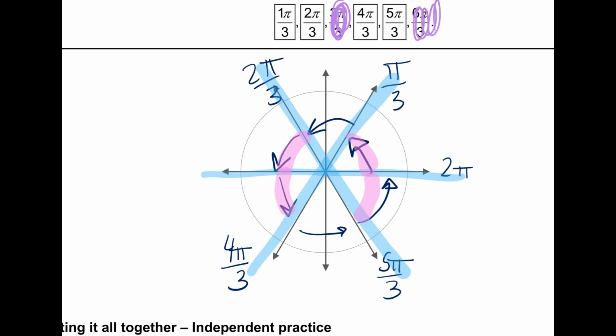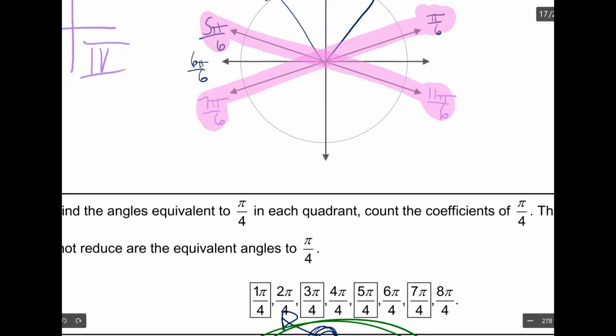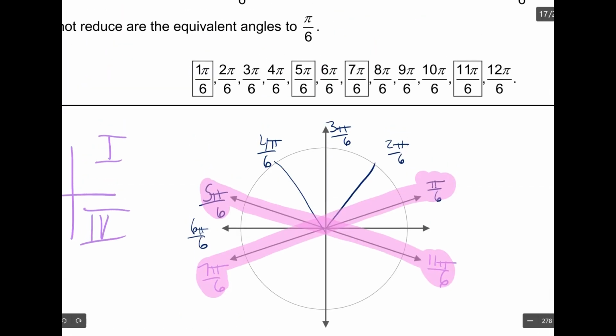And then I went to my other ones. Similarly, when I was going through 30 degrees, this was 30 degrees, this is 60. I had already drawn 60, that's why I skipped it. 3 pi over 6, well that's 90 degrees, and I already drew it, so I skipped it. This was 120 degrees, I already drew it, so I skipped it. And then I get to 150.